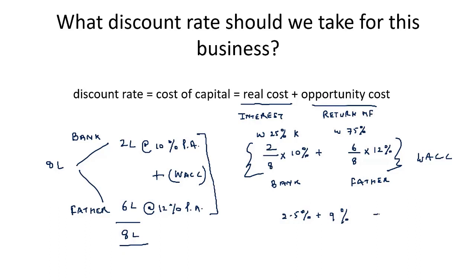So when we add these two, we get 11.5%. So the cost of getting this money, 8 lakh rupees, the cost of capital for you will be 11.5%.